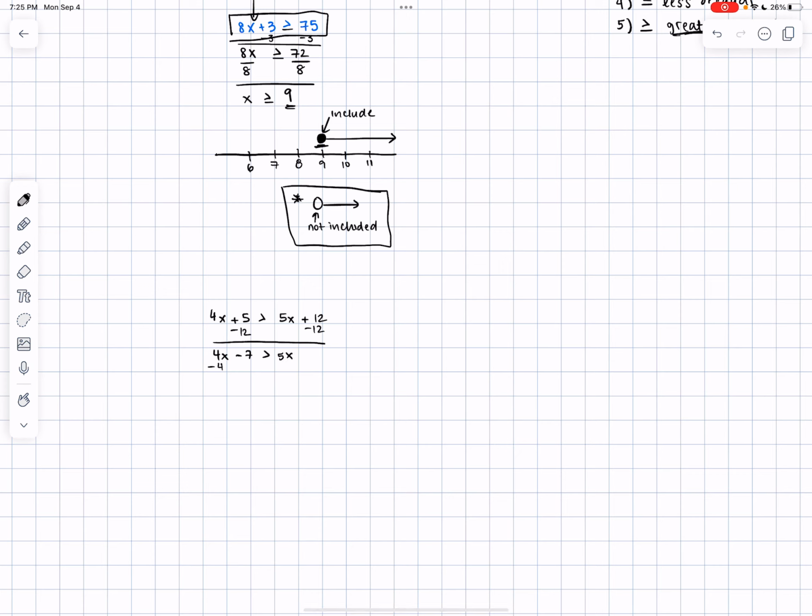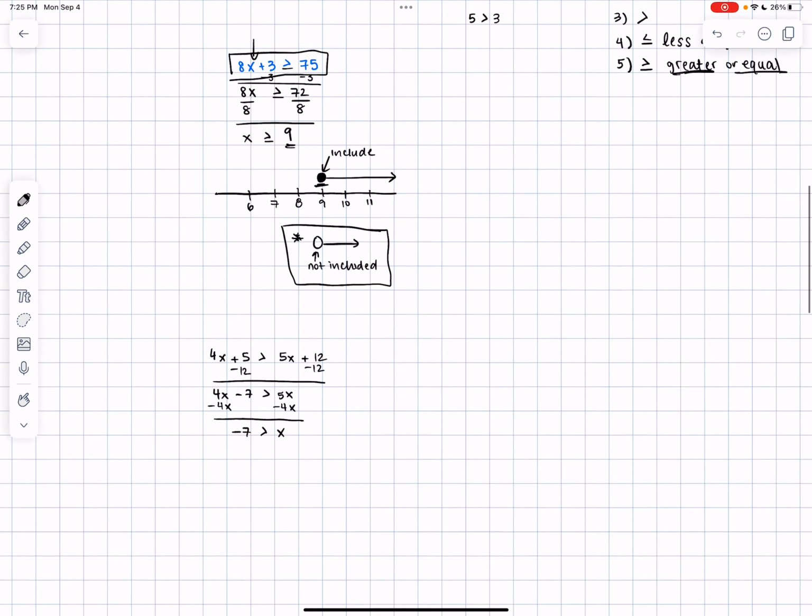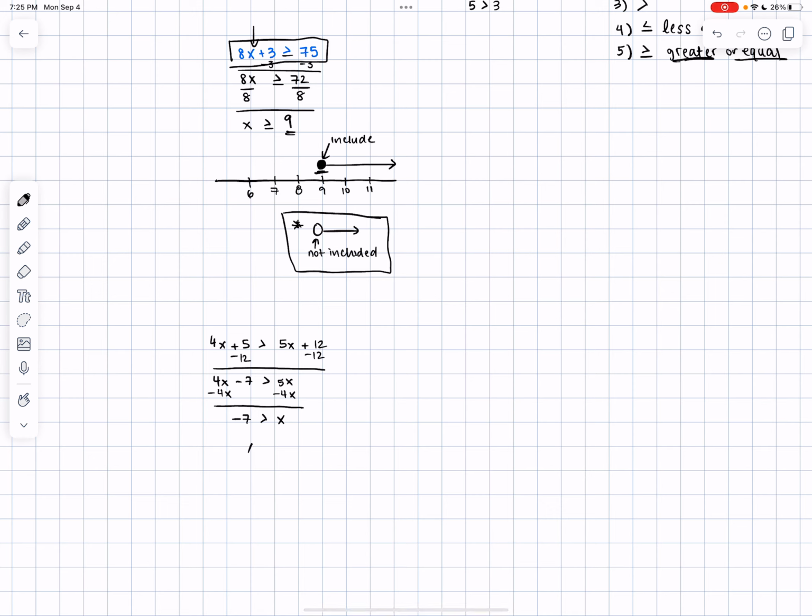Subtract 4x on both sides, and that would give us negative 7 is greater than x. When you have inequalities, it is preferred that the x is on the left-hand side and the number is on the right-hand side. Do not mix up the inequalities.